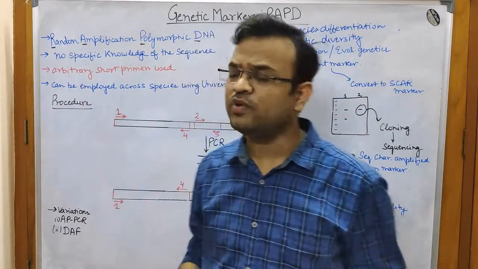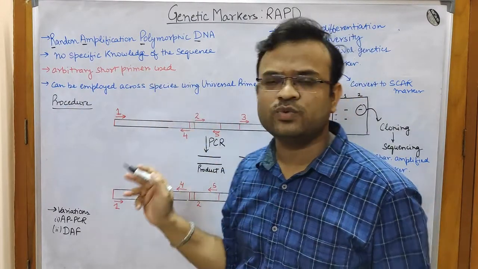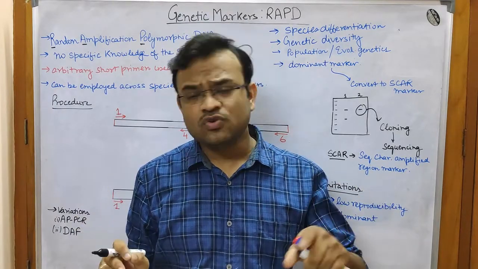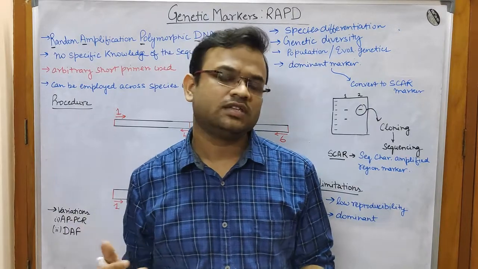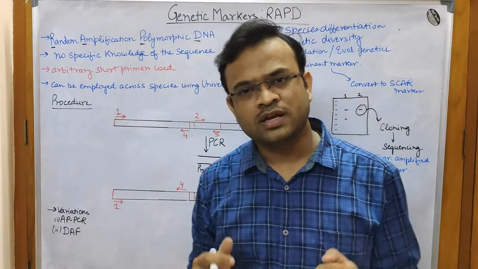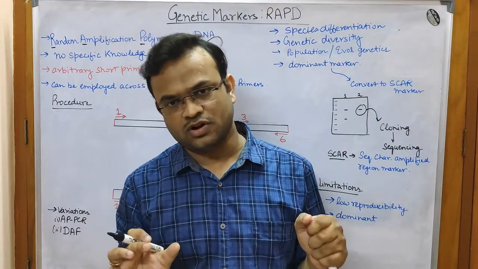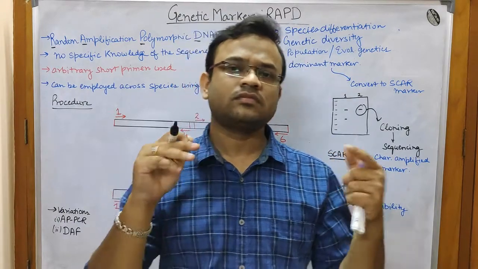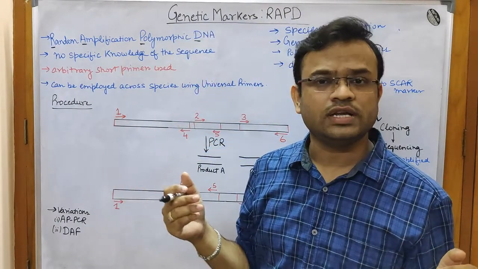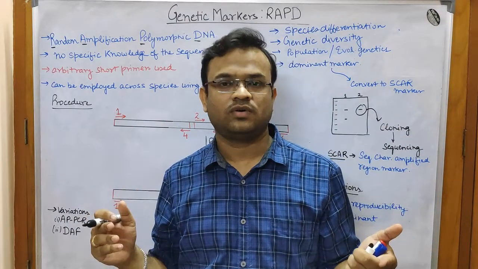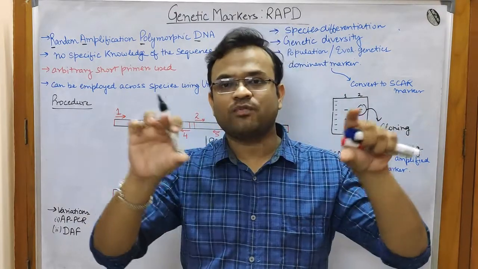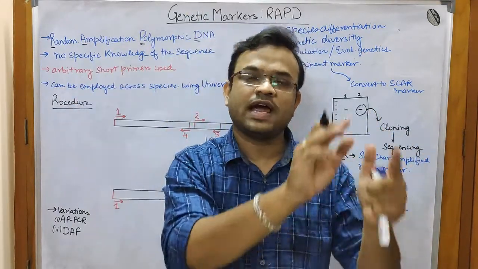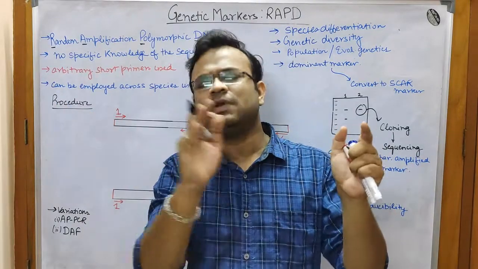So the second point is no specific knowledge of the sequence. You do not need to know about the sequence. For the viewers who have seen the video on RFLP, I had told you there that proper knowledge of the sequence is required for that technique to work. Why? Because if you know the proper sequence, then only you would choose restriction enzymes that have specific sites where that enzyme would work and cut the DNA fragment into multiple halves.